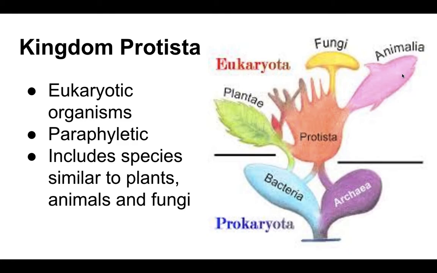And what I like about this image here is that it makes it clear that they are species that are similar to plants, similar to animals, and similar to fungus, but they don't clearly fit the criteria. So maybe they're missing a couple characteristics that make them not fit in.